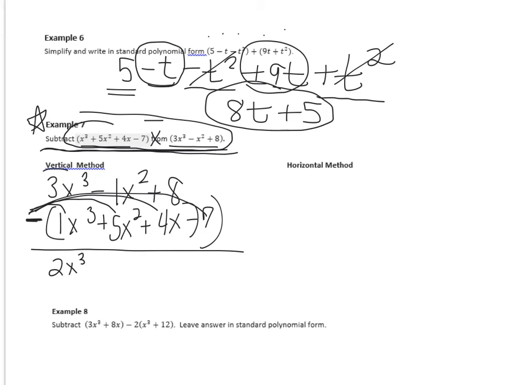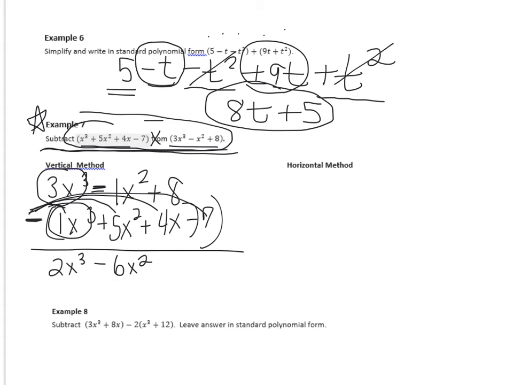So we're doing 3x to the third minus 1x to the third. We're doing negative 1x squared minus 5x squared, which is minus 6x squared. We're doing 0 because there is no x term in the top.